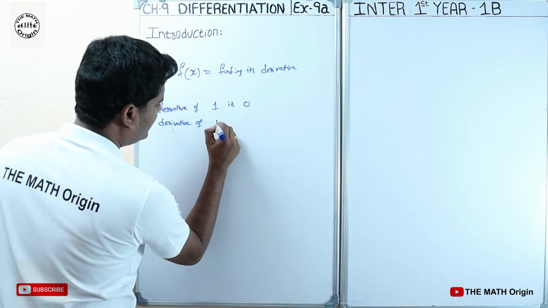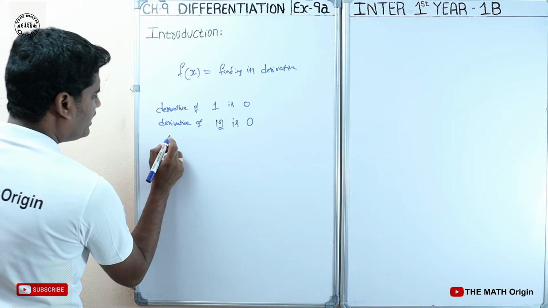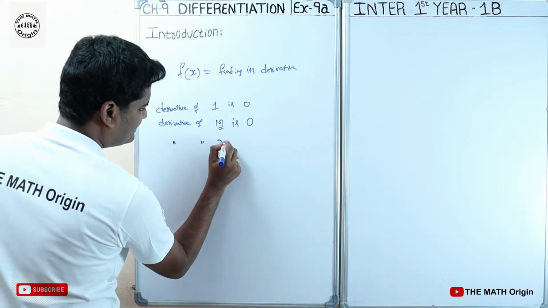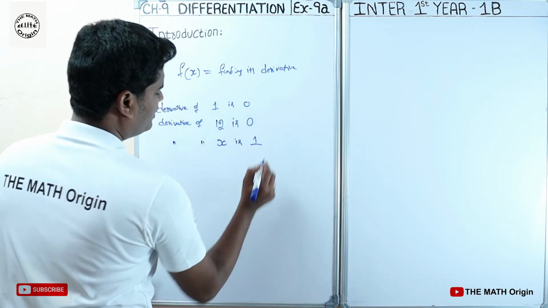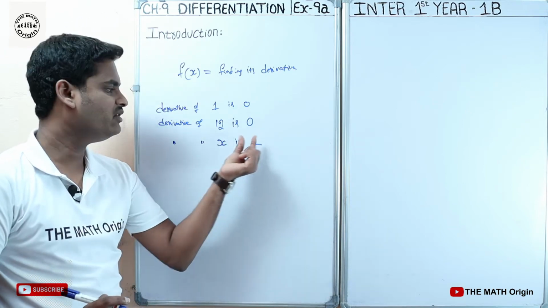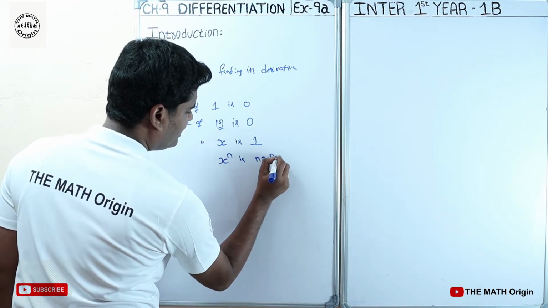The derivative of any value like 12 is 0. And the derivative of x is 1. Not for a constant, for any x value it will be 1. The derivative of x power n is n into x power n minus 1.